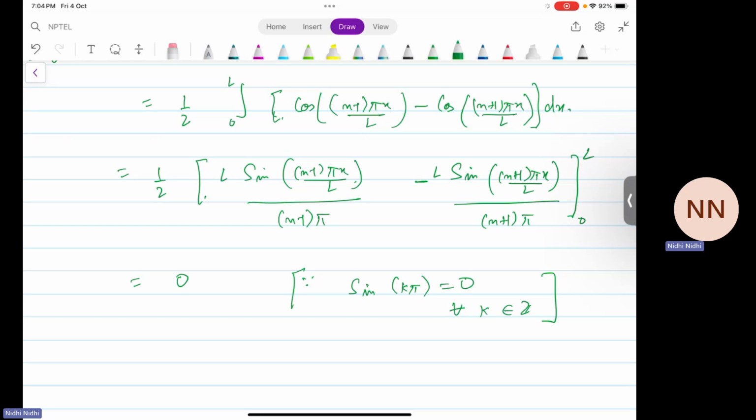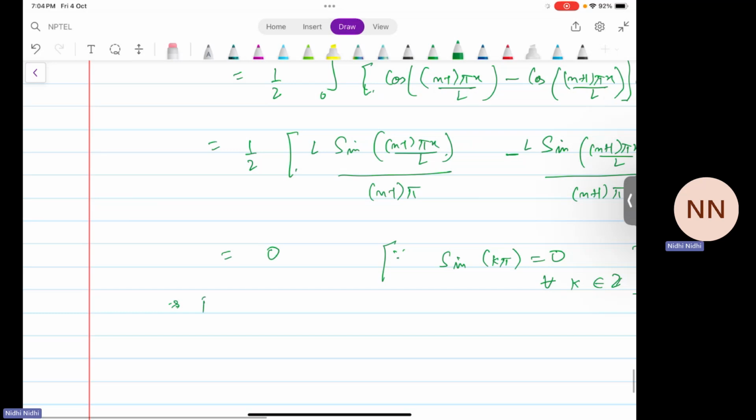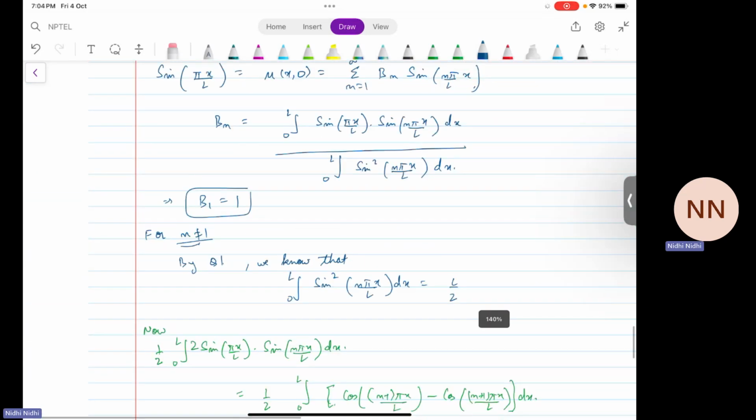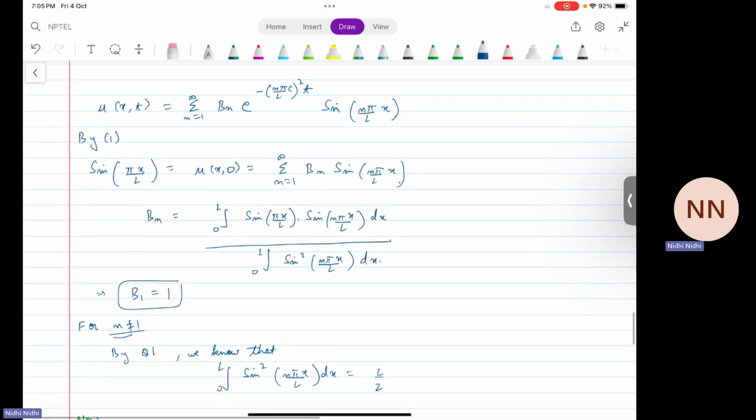So this gives us bn is equal to 0 for every n not equal to 1. Therefore, u(x,t) is basically just b1 times e to the power minus (n pi c by l) whole square t times sin n pi by l x.